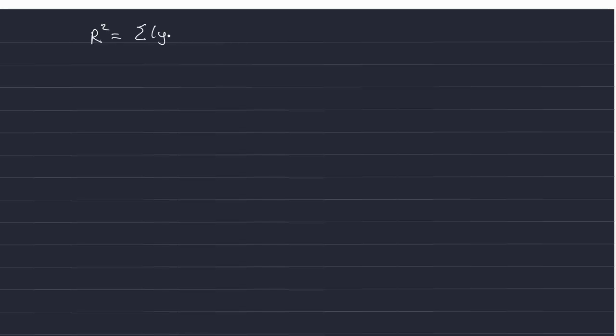Again, it's the sum of square deviation of the model from y bar all over the sum of square deviation of each point from y bar. And we recall that the model is equal to y bar plus a2 times the deviation of each x value from its mean.